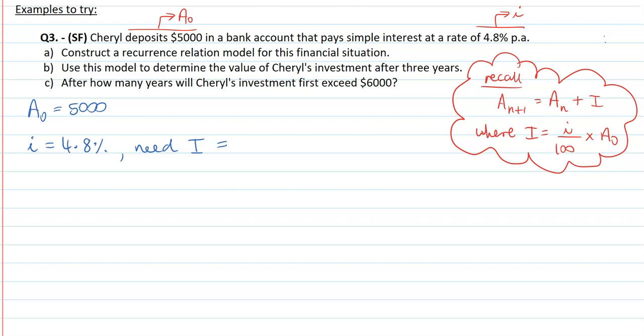Okay, so we need to recall the recurrence formula. To put it together though, we need to find out the I value, or the amount of interest that's being added on every time. So using I equals (percentage rate over 100) times A0, we can work that out.